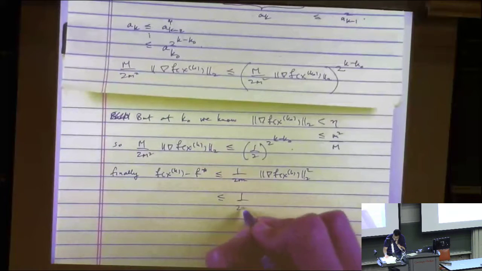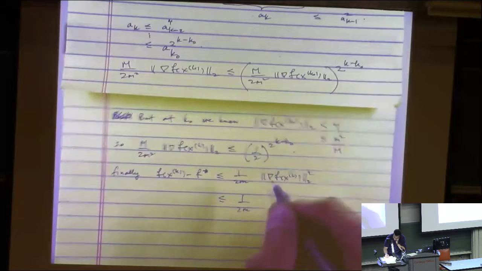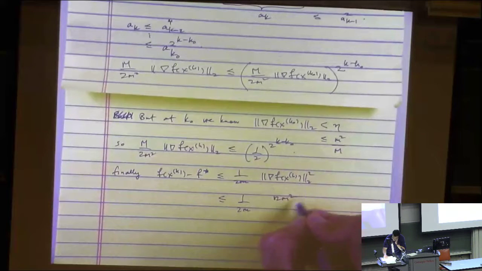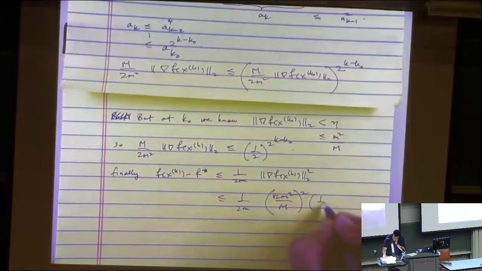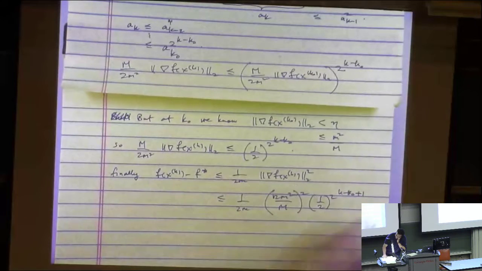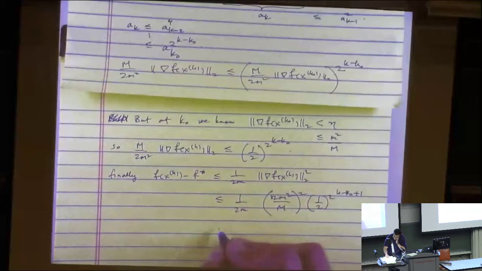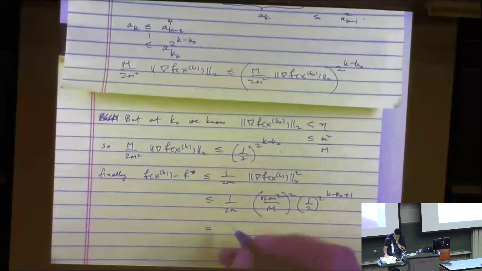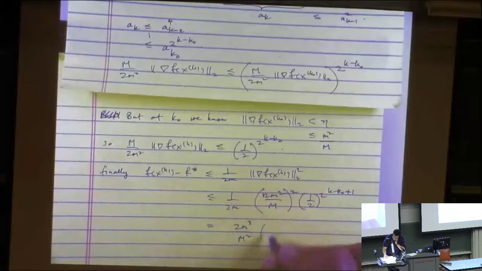So this is 1 over 2m times 2m squared over m, squared, times 1/2 to the 2 to the k minus k0 plus 1. This is what happens when we square this term. We get a +1. And I just carried this over to the other side to upper bound the norm of the gradient. This gives us our final convergence rate bound, which is what we had in the notes. It's just 2m cubed over m squared times 1/2 to the 2 to the k minus k0 plus 1.